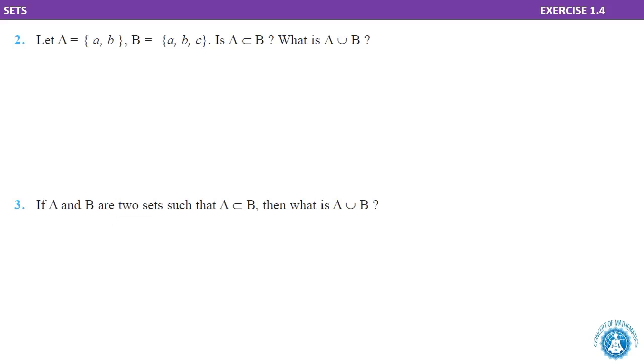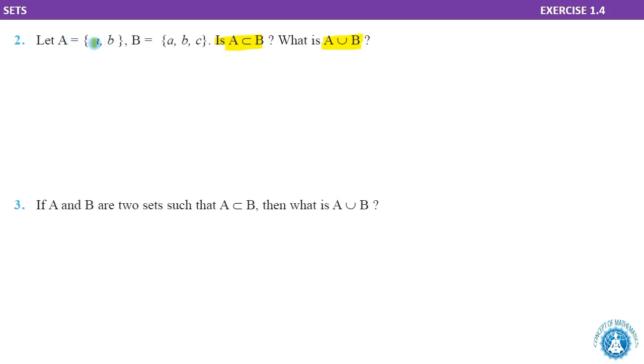Now coming to the second question, set A has elements a and b, and set B has elements a, b and c. Is set A a subset of B? What is the union of A and B? There are two parts in this question, so we will start with the first one, whether A is a subset of B. Let us check it.